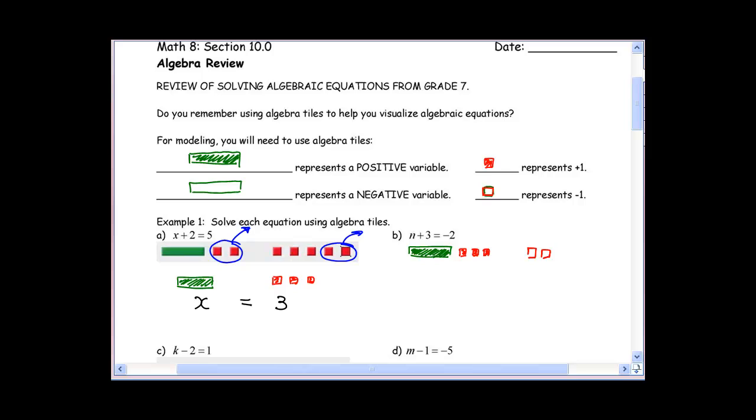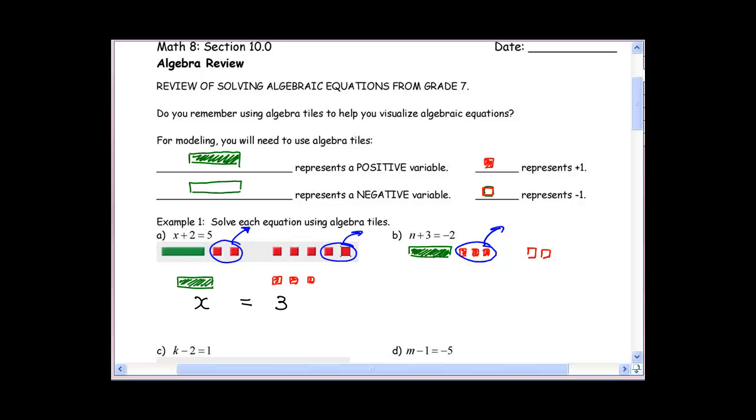Now, how can we solve for n? We're trying to solve for n by itself, so we're going to have to get rid of 3 of these solid red dots. And what we do to the left side, we've got to do to the right side. But wait, there's nothing to get rid of. There are no positive red squares. What do we do?